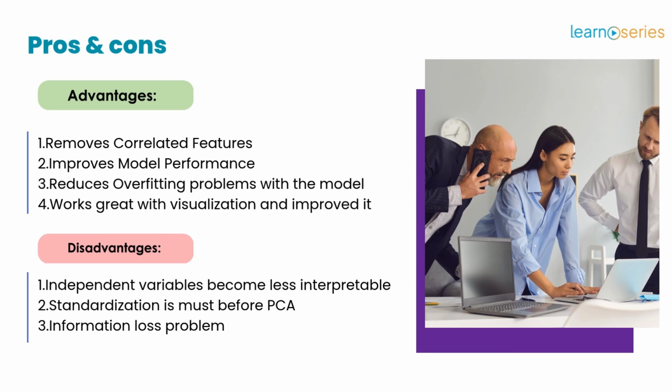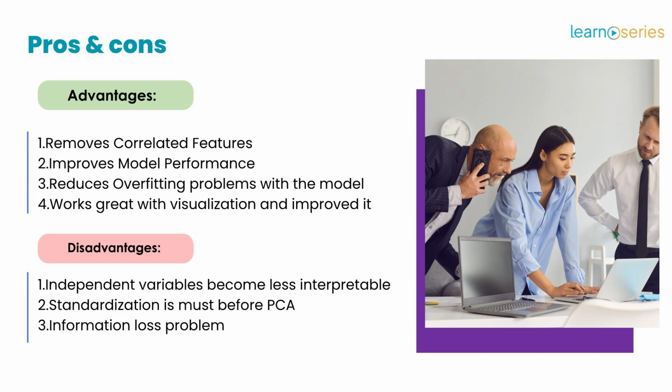Advantages, number one, it removes the correlated features, or you can say highly correlated features. It improves the model performance. Obviously, the curse of dimensionality is reduced. It reduces the overfitting problem and works great with visualization.